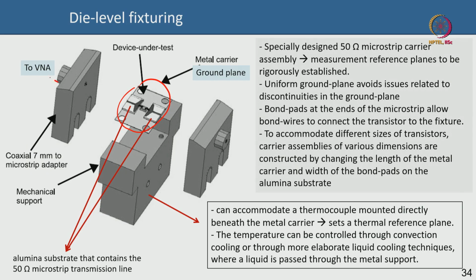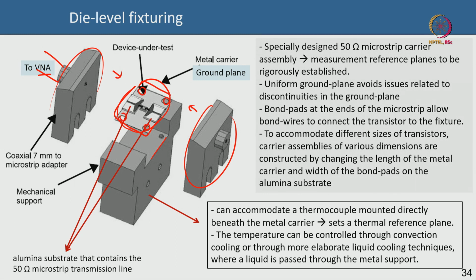So you have, see, this is the connection to the vector network analyzer VNA, that is called an SMA connector. That connector is coming here, and these are the mechanical blocks that you are going to fix, with the mechanical block sandwiched in between. This is your fixture board. This fixture board is going to be mechanically bolted to the metal structure below. You can see the screw holes here.